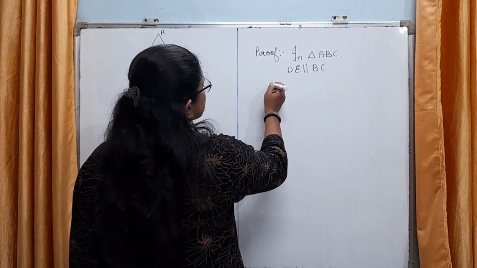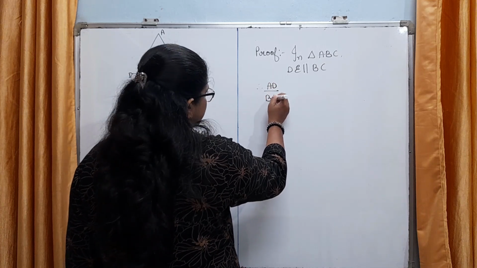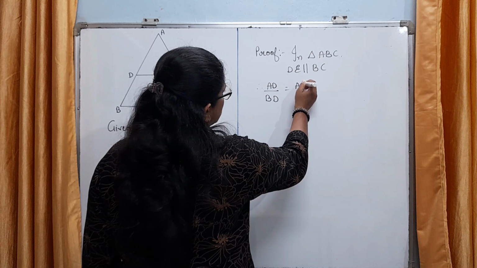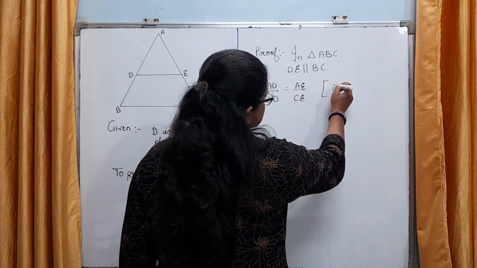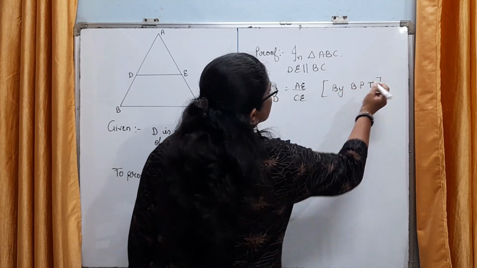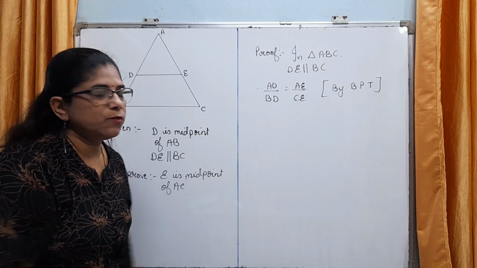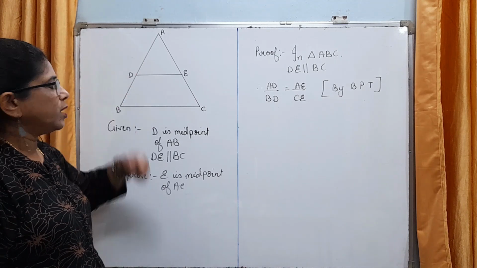So therefore, AD upon BD is equal to AE upon CE. This is by BPT.